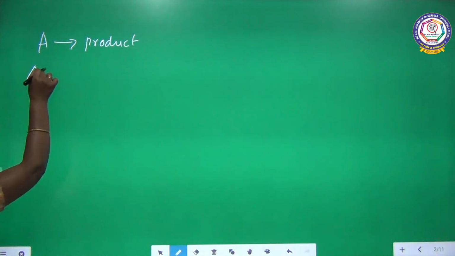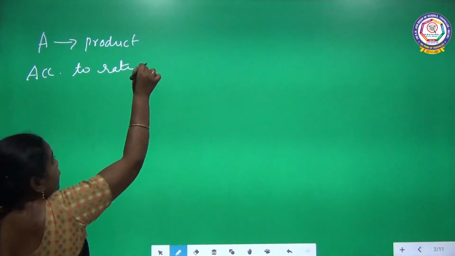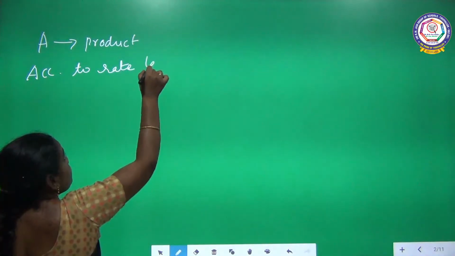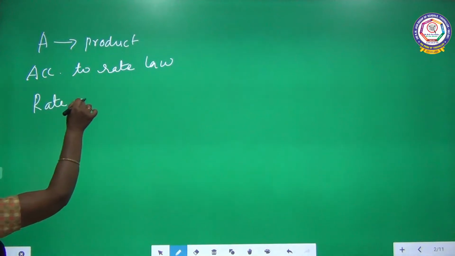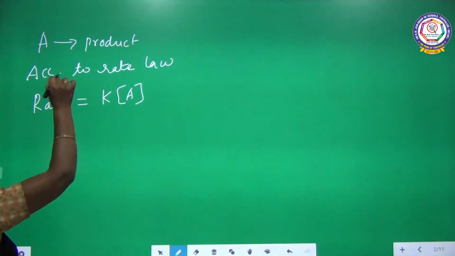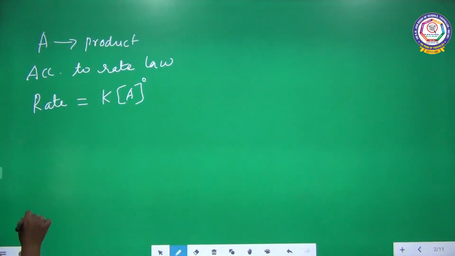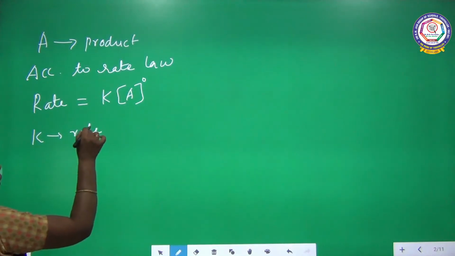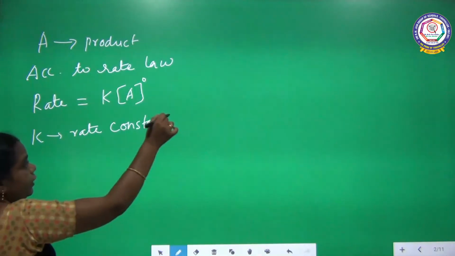According to rate law, the equation is written as rate equal to K into concentration of A. There is independence from the concentration, so it is raised to the power 0 because it is a zero order reaction. So, K is nothing but the rate constant, and A to the power 0.